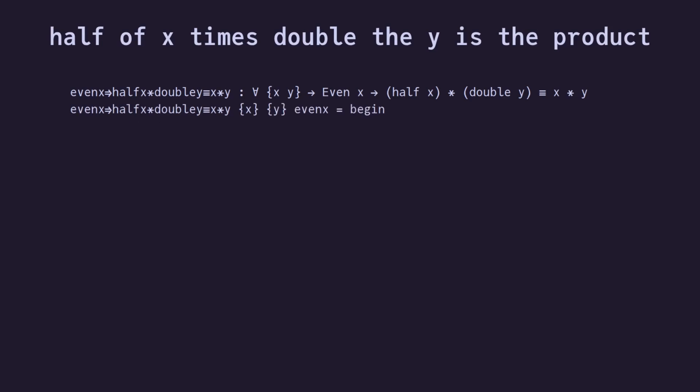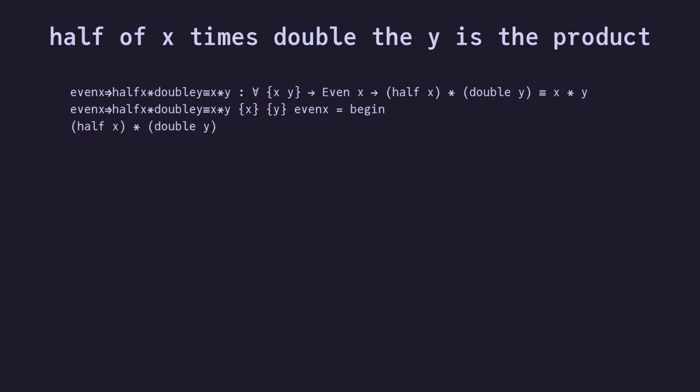Now let us consider the lemma that for any two numbers x and y, half of x times double of y is the product of x and y if x is even. That is, for all x and y, given even x, half x into double y is equal to x into y. It's a simple proof.